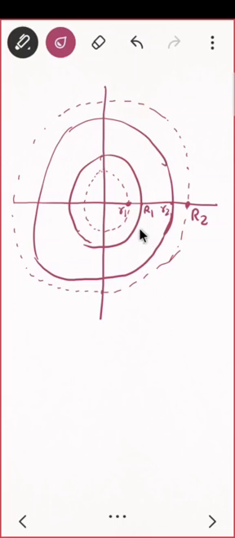Now I am having two contours. The first contour, which is mod Z equal to R2, is your C2, since the radius is R2, and this will be your C1, with radius R1.